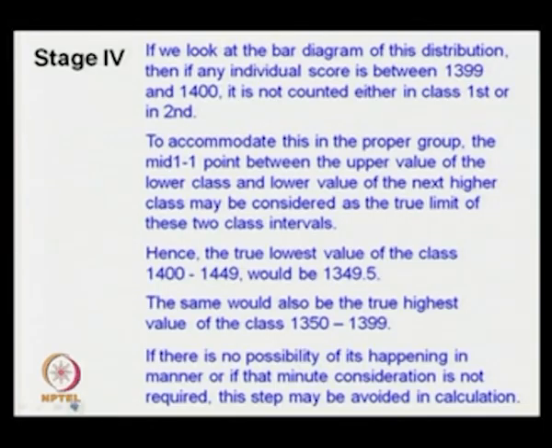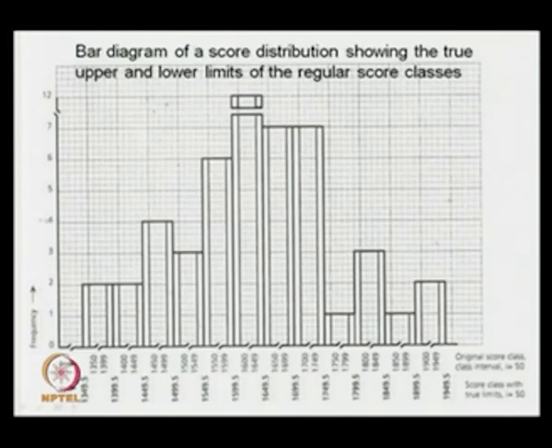Now we are making these classes in a graph, where the lowest value is 1350 and highest is 1399. The next group starts from 1400 and the higher value of this class is 1449.